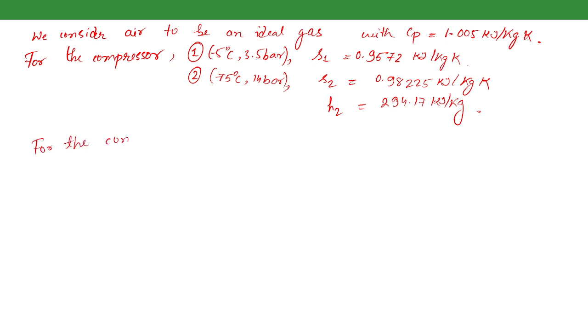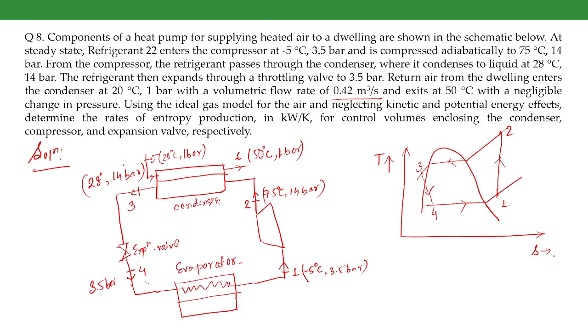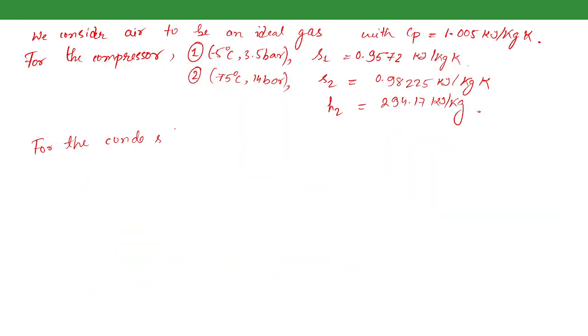Now for the condenser, at 3, that is the exit point of the condenser, the temperature is 28 degrees Celsius and the pressure is 14 bar.